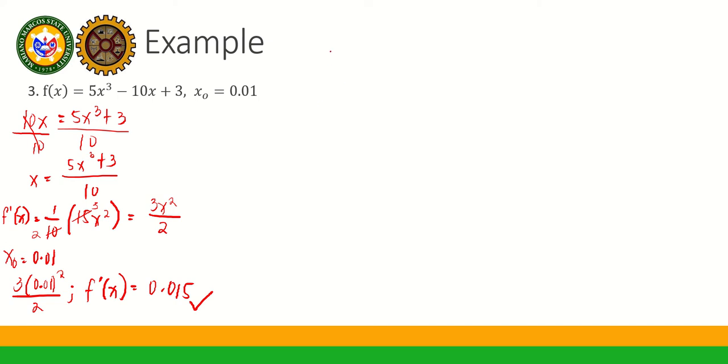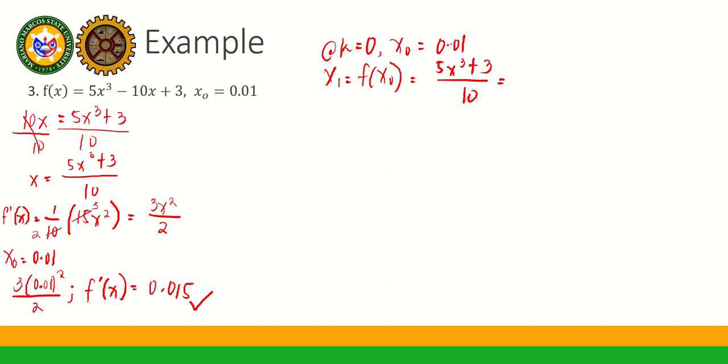So at k equal to 0, x sub 0 is equal to 0.01. So x sub 1 natin is equal to f of x sub 0, and that is equal to 5x cubed plus 3 over 10. If we plug 0.01 dito sa x natin, we will get 0.301.